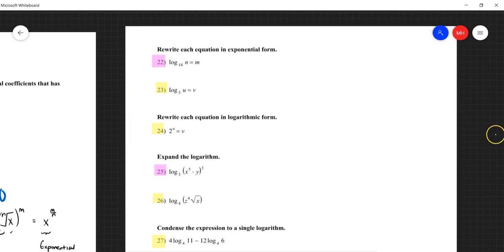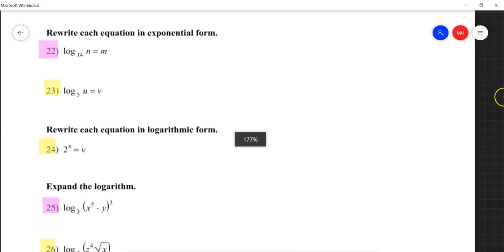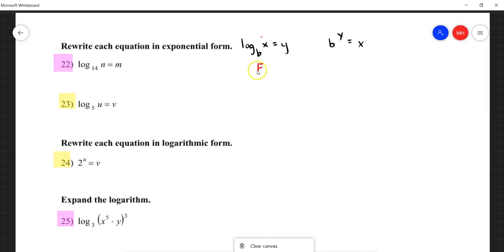So this is back to our logs, which you guys were great with. So we were using first, last, middle, so that when I go into exponential, I am first, middle, last.